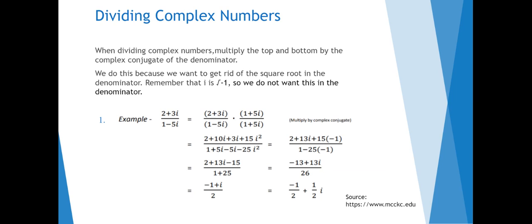Simplifying that, we get negative 1 plus i over 2, because 13 over 26 is 1/2. Breaking this down, we get negative 1/2 plus 1/2 i.